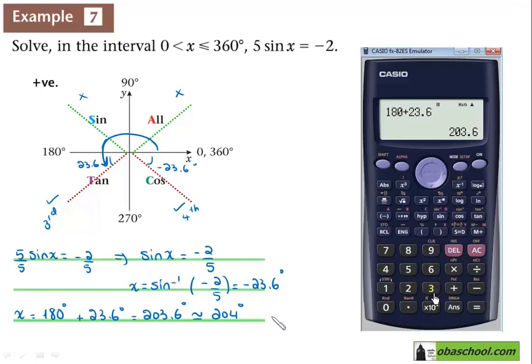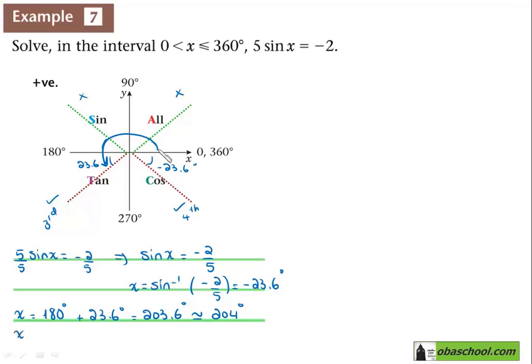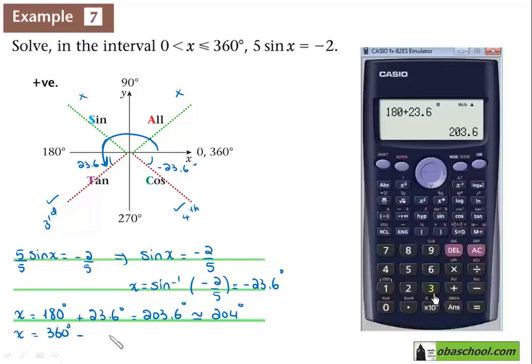Now for the second x, which is in the fourth quadrant. All of it is 360 degrees minus 23.6. So 360 minus 23.6. The answer is 336.4 degrees. We want up to 3 significant figures, so it is 336 degrees.